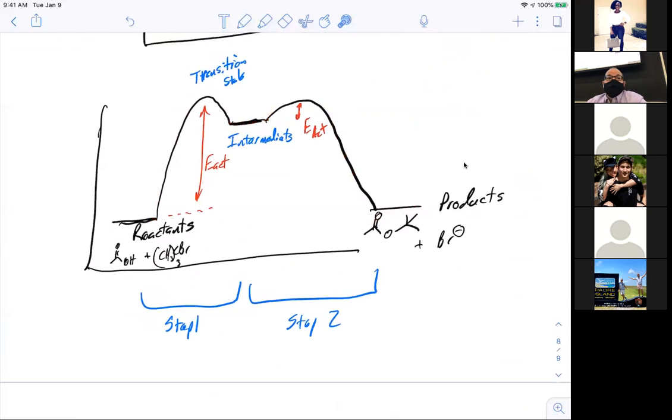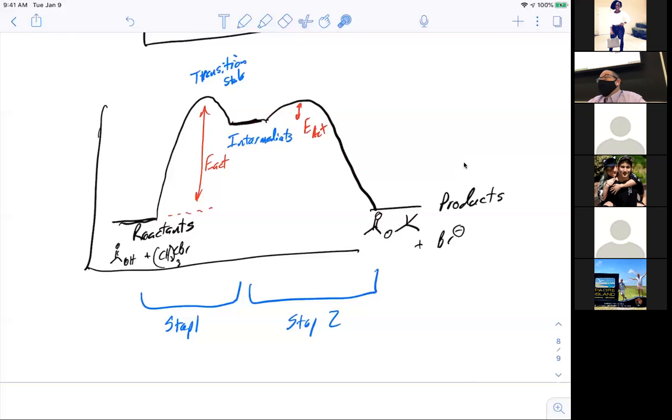Which of these 2 steps is going to be slower? The first step or the second step? What determines that? My energy of activation. My energy of activation is going to determine the speed. If I add a catalyst, what does a catalyst do? A catalyst speeds up a reaction.